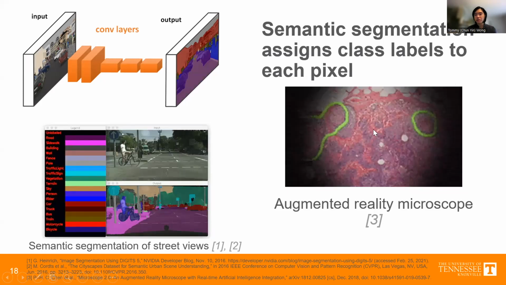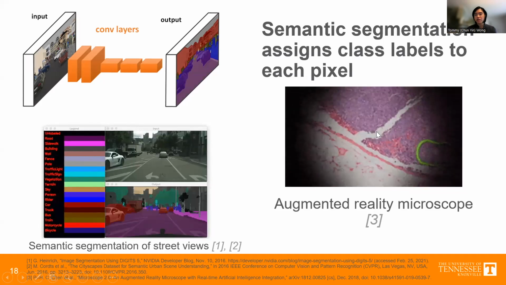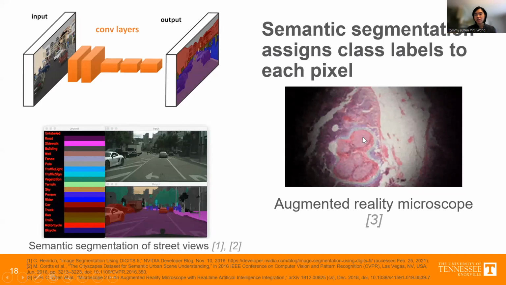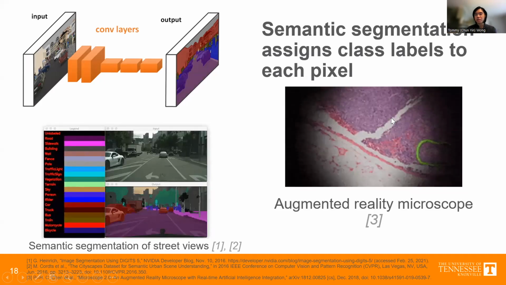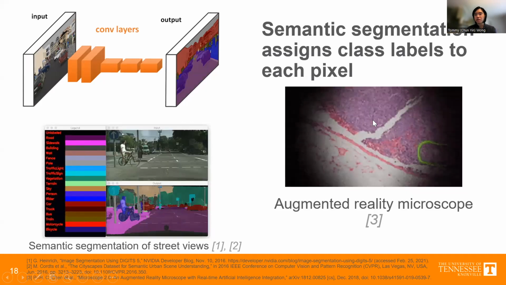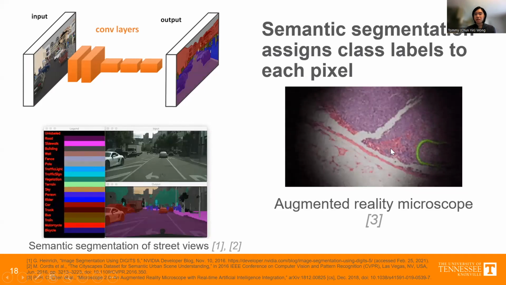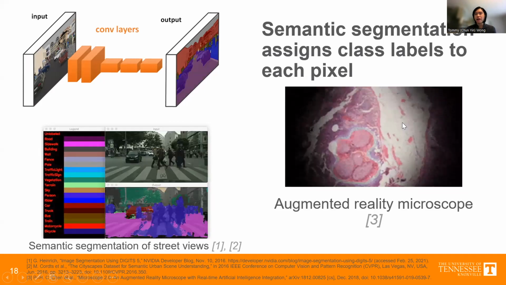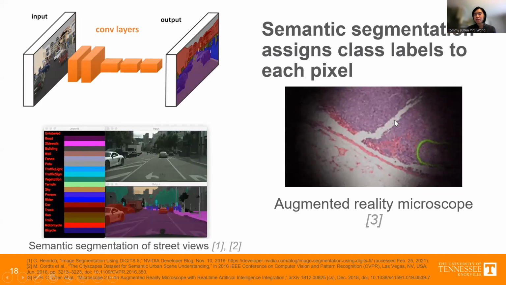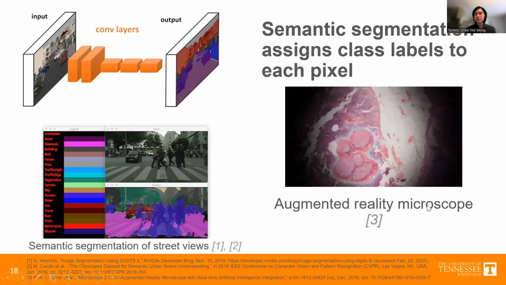What these green outlines identify are tumor cells as the microscope is going over that tissue sample. And so it's possible to overlay that and perform that classification in real time. It all depends on your purposes.